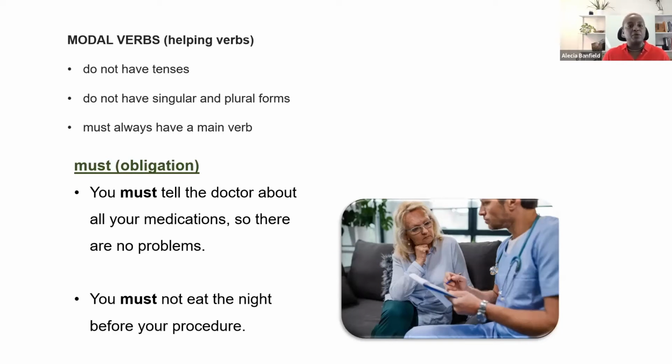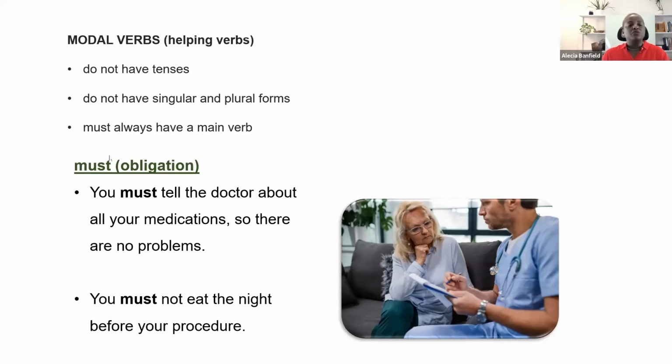So for example, I take, you take, he, she, it takes. Modal verbs don't do that. They always stay the same. And because they're helping verbs, they always need to have a main verb in the sentence. They cannot be the only verb in a sentence.